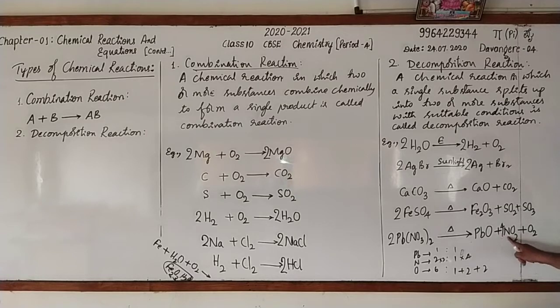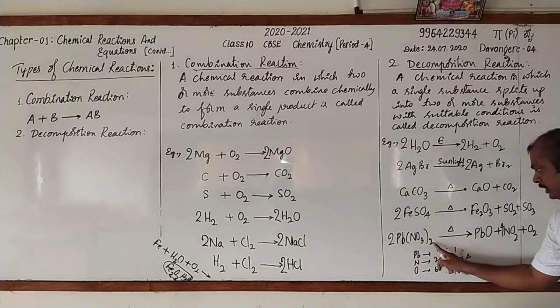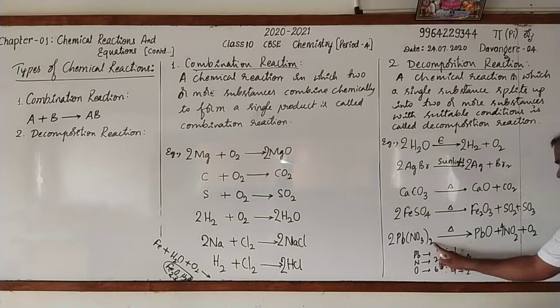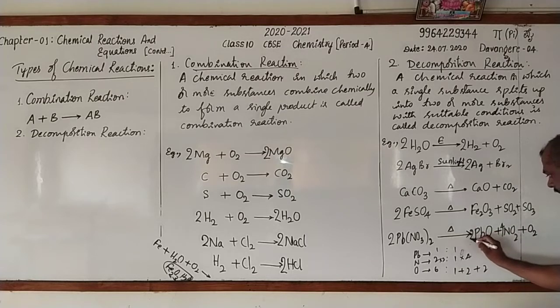How many atoms of nitrogen? 4. Here 2 2s are 4. Oxygen: 4 2s are 8. Here 2 3s are 6, 6 2s are 12. Here 8 is there, here 2, 10. Then I should write here 2.